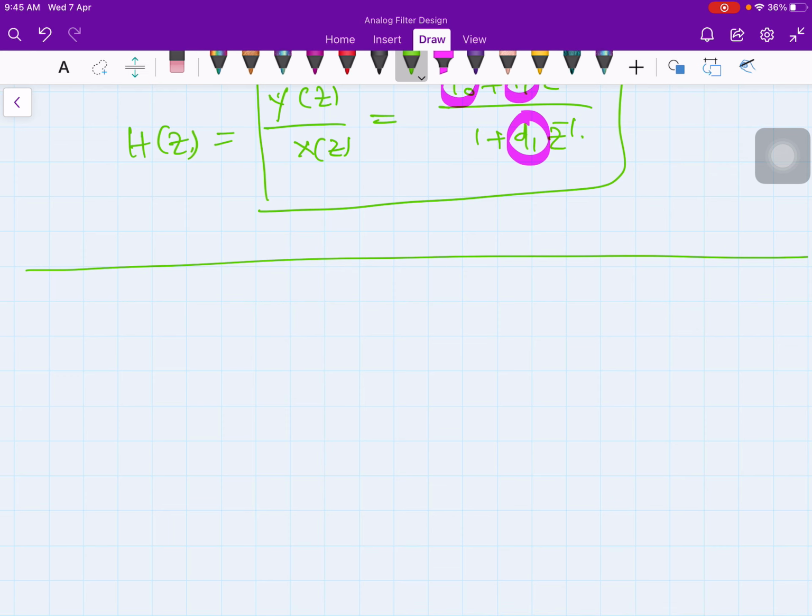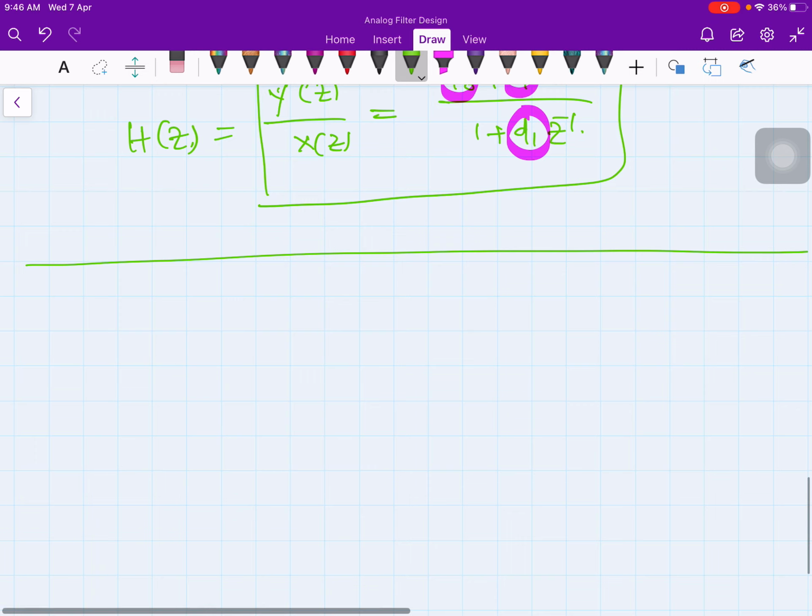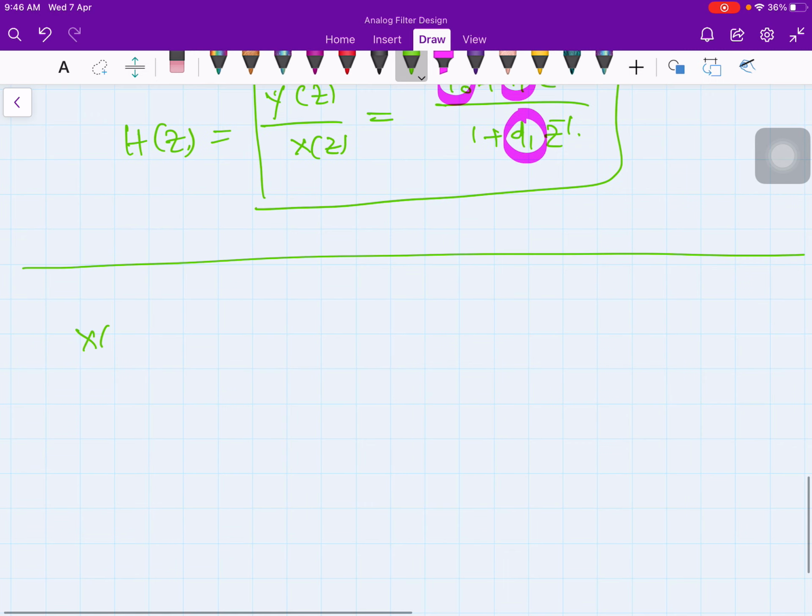And this structure is fairly involved. So we have capital X of z, and this capital X of z adds to, let me draw the structure. Okay, let me put two adders.